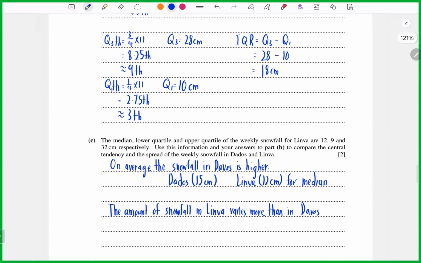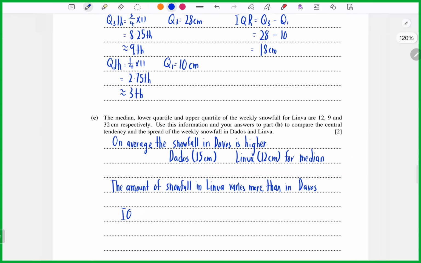If I take the interquartile range for Levinus, you take 32 minus 9, you will get 23, right?